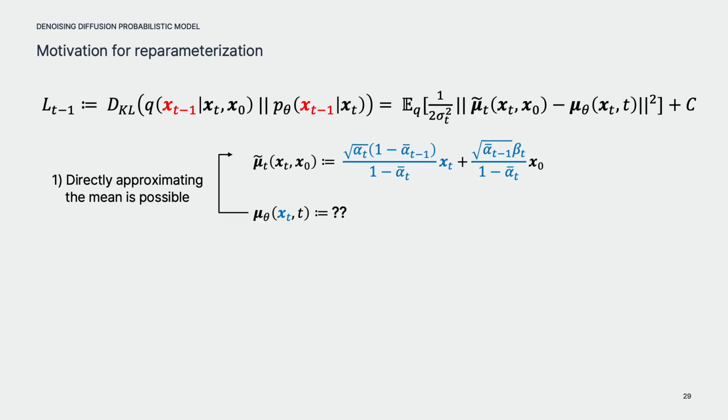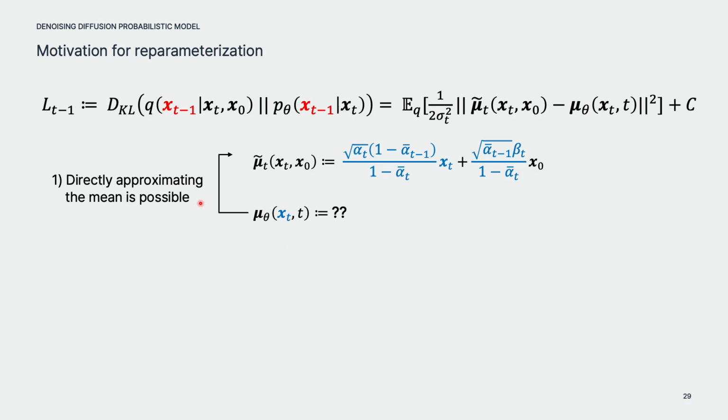And this is because we already know a lot of parts of mu tilde t, this blue part. As the variance schedule beta and its complement alpha are fixed starting from training, we know the coefficients of xt and x0. And furthermore, we already know the xt.